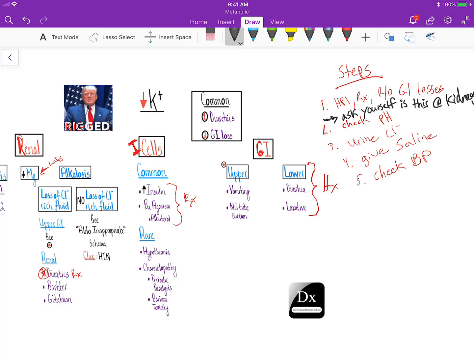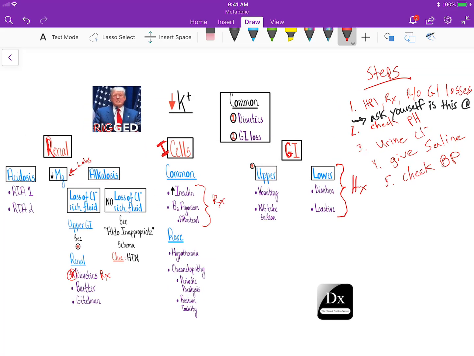I also wanted to mention some other important things about potassium in general, is that it's almost impossible to get hypokalemic from low dietary intake.